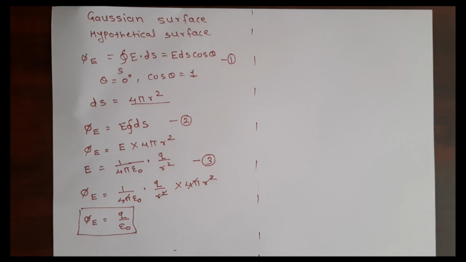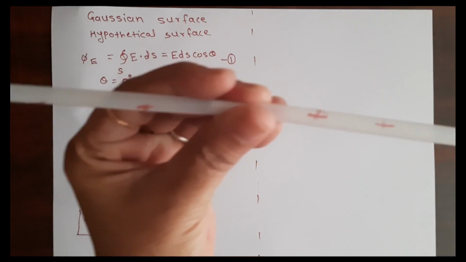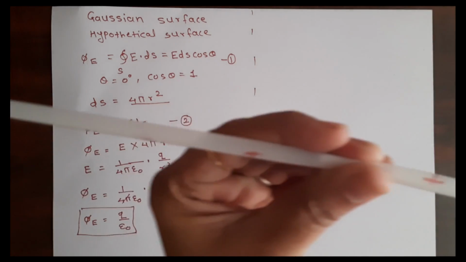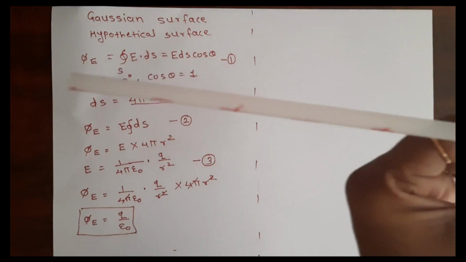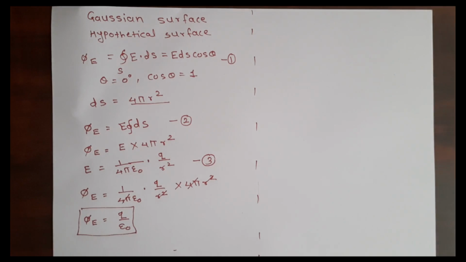Now if we consider a long uniformly charged wire, like this, and the charges are uniformly distributed over the wire. Now how to apply the Gauss theorem?